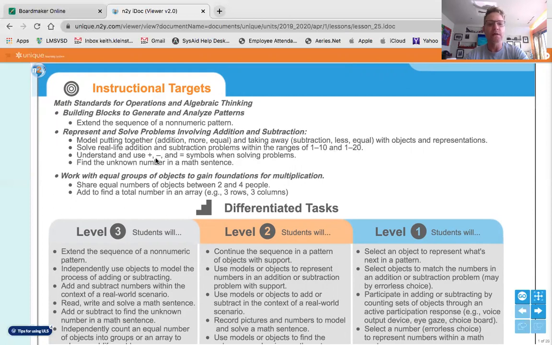Understand and use plus, minus, and equal symbols when solving problems. Find unknown numbers in math sentences. Work with equal group objects to gain foundations for multiplication. Share equal numbers of objects between 2 and 4 people. Add to find a total number in an array of examples of 3 rows, 3 columns.